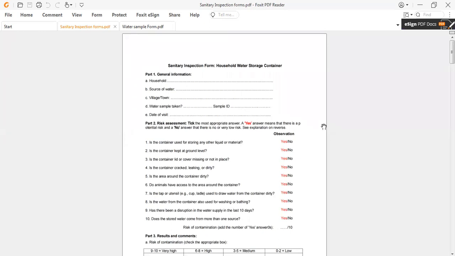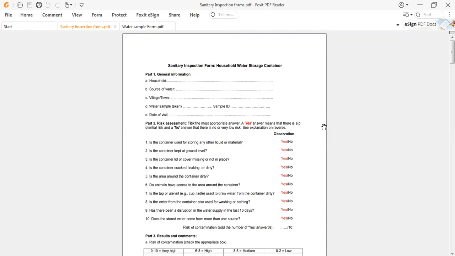So for instance, if I'm carrying out a sanitary inspection in a particular household, the first thing I will make sure I do is take the name of that household. That means the family name or a name that suits that household. And secondly, the source of water which I'm sampling. The source of water we are sampling here is the household water.